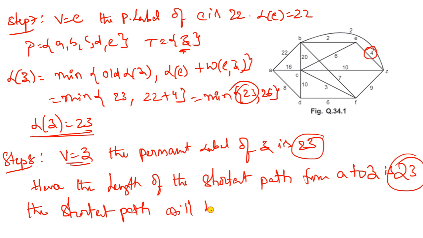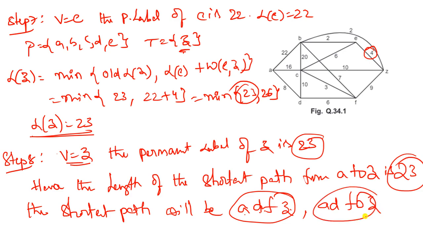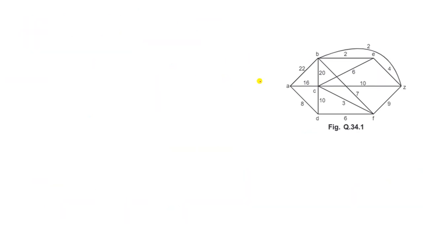Okay, so now the shortest path will be either A to D, D to F, F to Z. Check the minimum values and then find out A to D, F to Z, 23 only. See here, A to D and D to F and F to Z, 23 only.